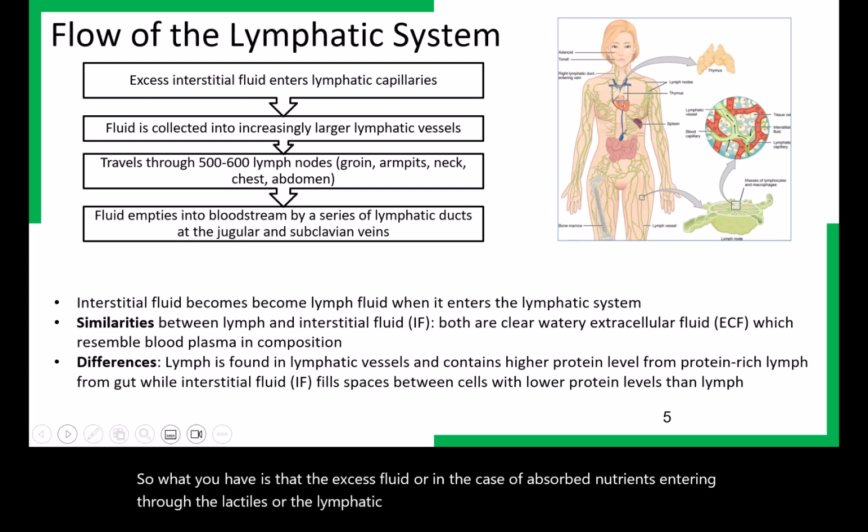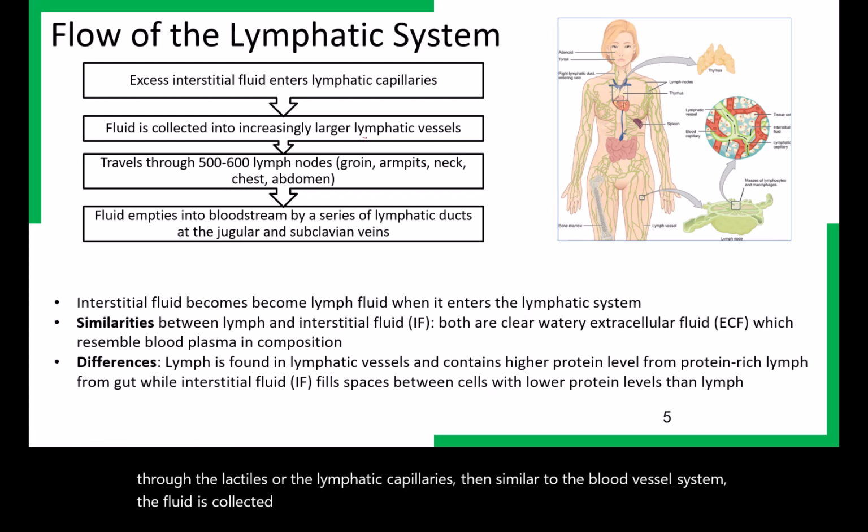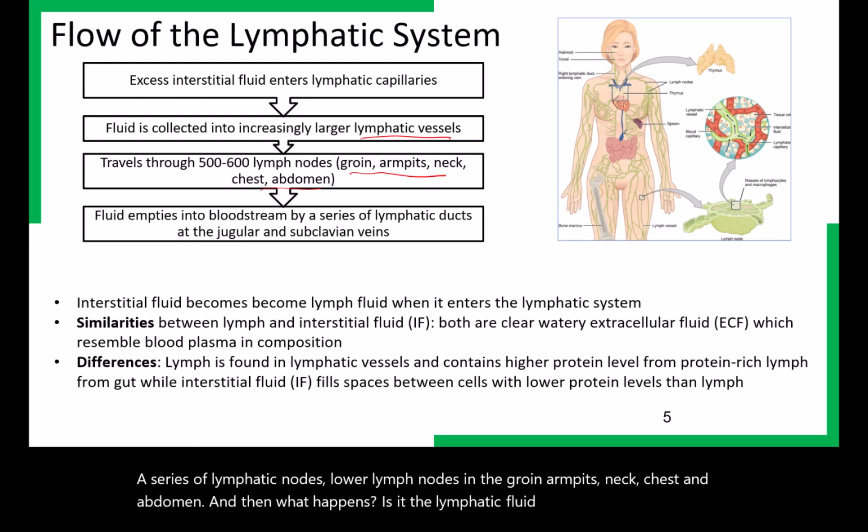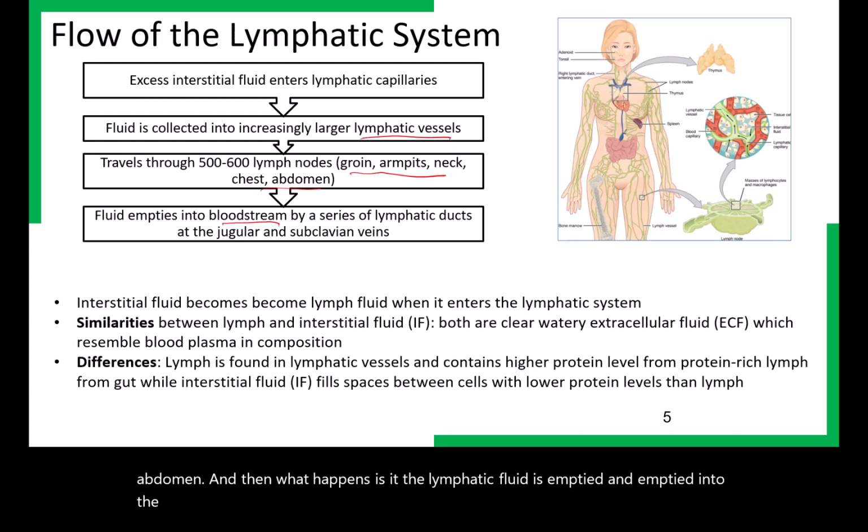Then, similar to the blood vessel system, the fluid is collected into increasingly larger lymphatic vessels, and it travels through a series of lymph nodes in the groin, armpits, neck, chest, and abdomen. Then the lymphatic fluid is emptied into the bloodstream by a series of lymphatic ducts at the jugular or subclavian veins.